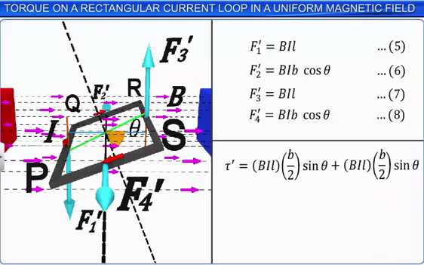Replacing L into b with area of the loop A, the torque on the loop T' is equal to BIA sin theta. So far, we have learnt about the torque on a current-carrying rectangular loop placed in an external uniform magnetic field, in the case where the area vector makes an angle other than 90 degrees with the direction of the magnetic field.